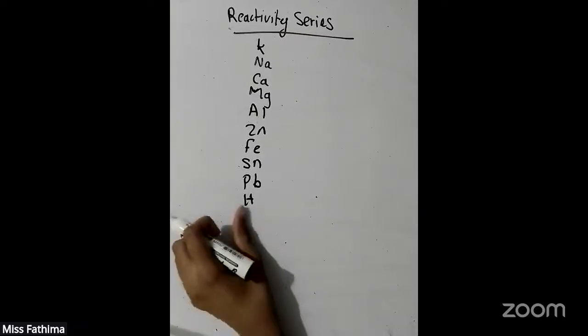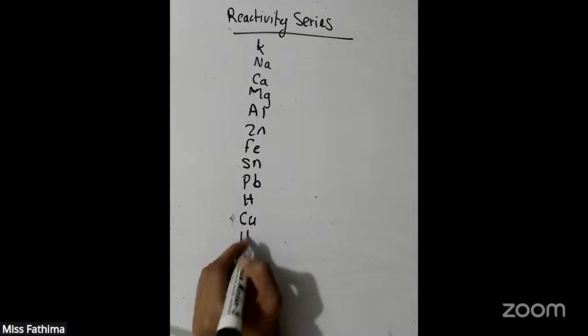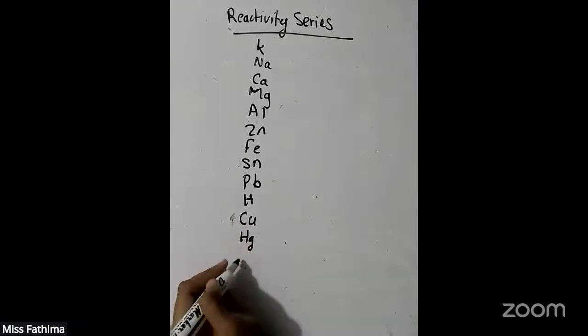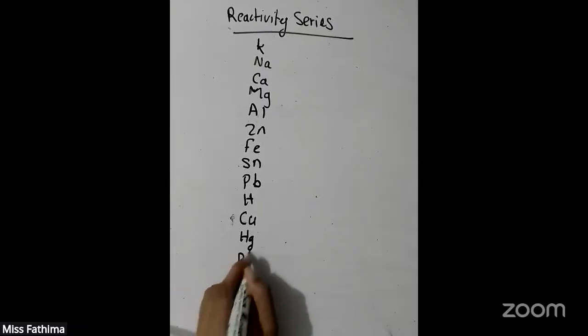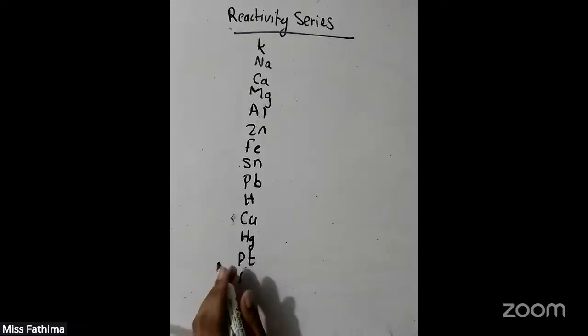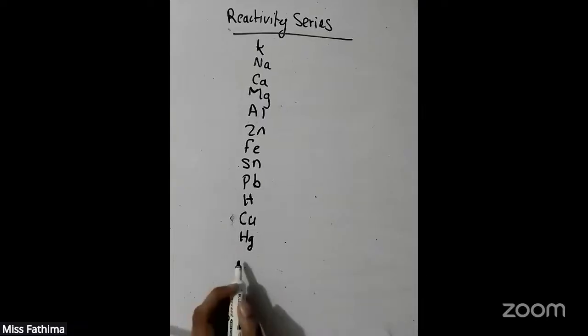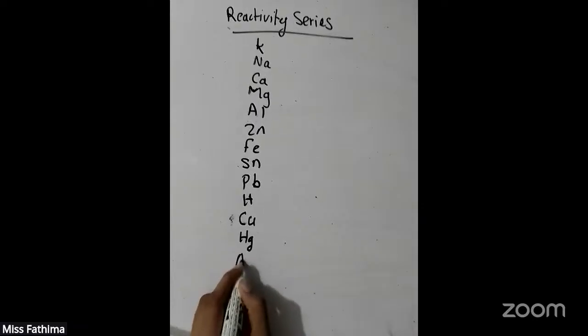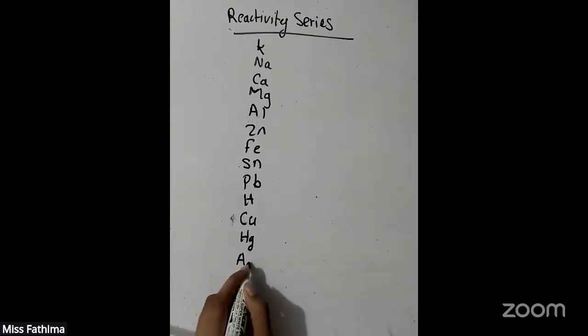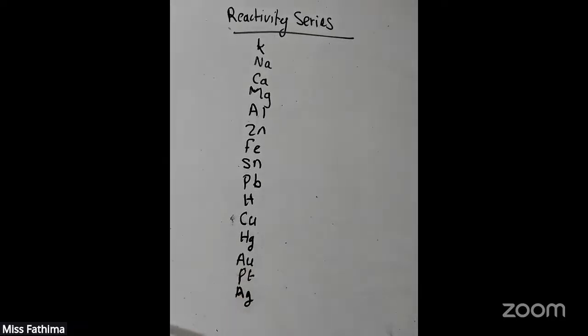Hydrogen, copper, mercury. Copper, then only mercury. Platinum, silver, and then gold. No. Mercury, silver, platinum, gold. Okay. Mercury, silver, platinum, then gold. Right? This is the correct order.